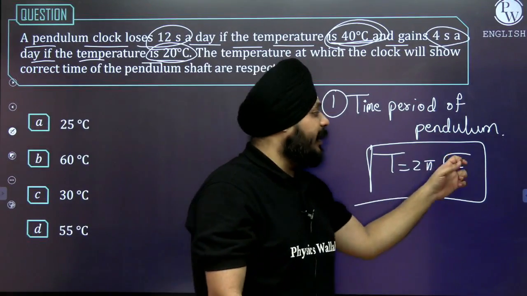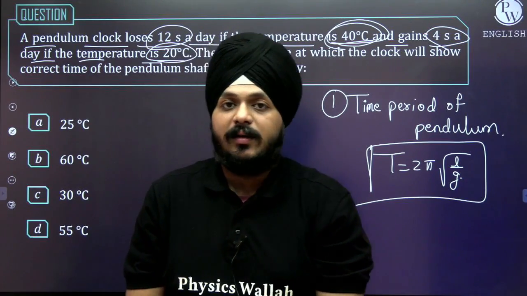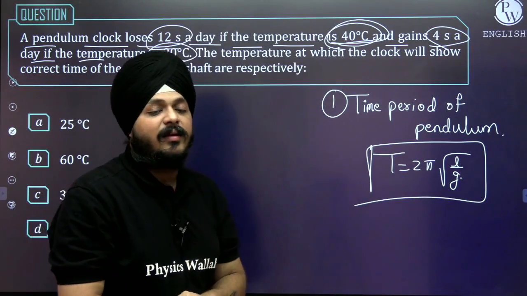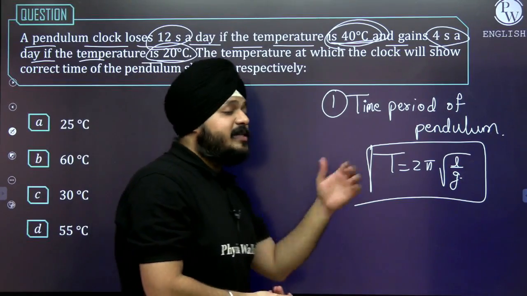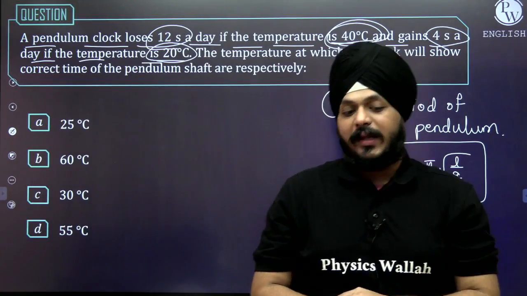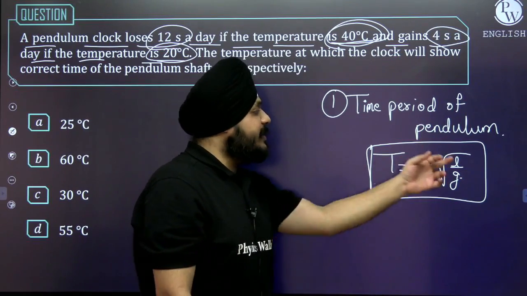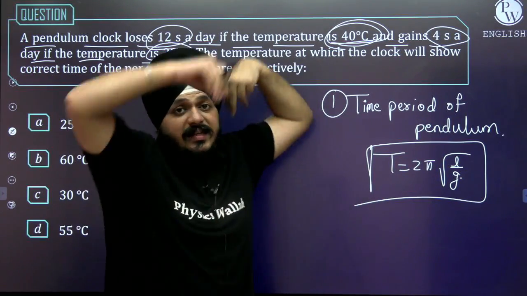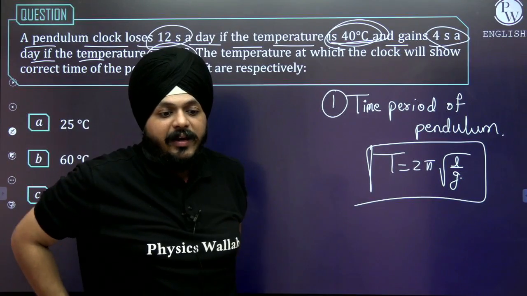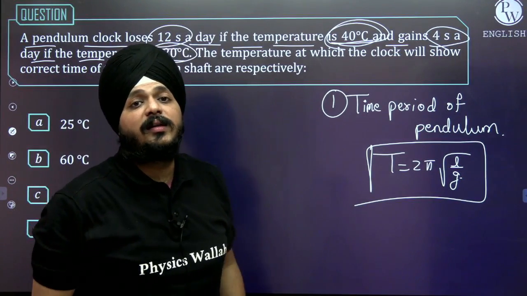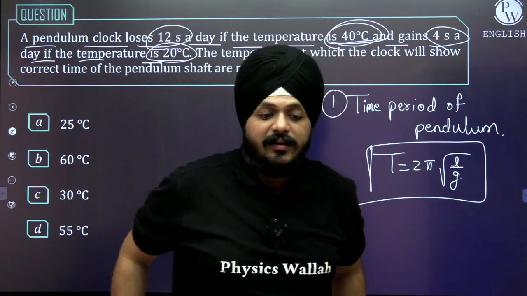So I must say the intermediate physical quantity is length. With increase in the temperature, the length is getting affected.